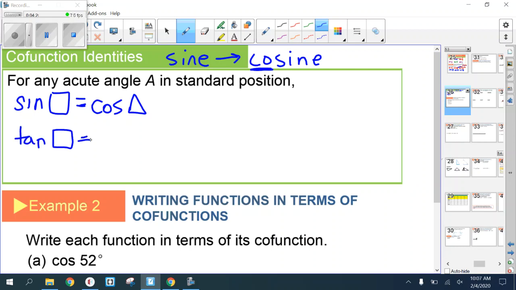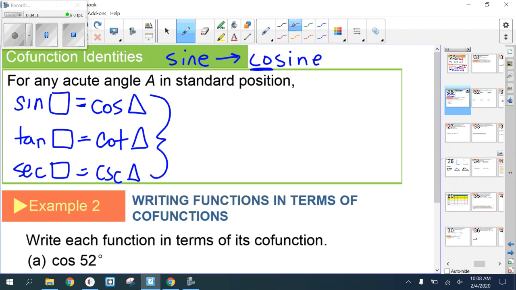Tangent square equals cotangent triangle, and secant square equals cosecant triangle. Okay, so here's the relationship. The relationship for cofunctions, square plus triangle equals 90. Okay? Square plus triangle equals 90. That relationship exists for cofunctions.